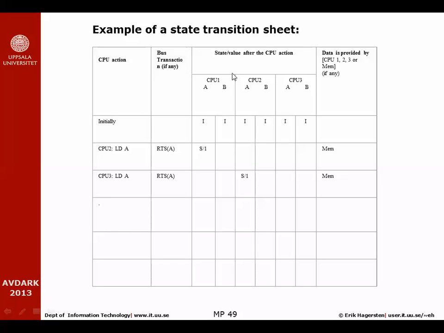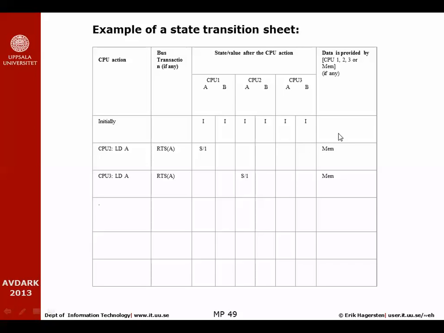So the state/value should be stored in all of these places. And then you should also fill out which will give the data, if any, as an answer to this transaction. And in this example, it's the memory that gives the data. It's not a cache-to-cache transfer. It comes from memory.